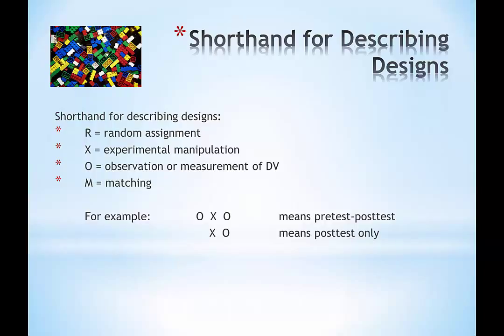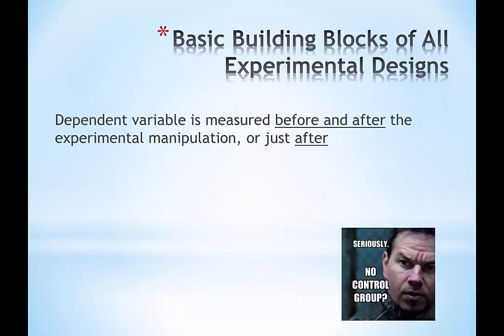And I do really think they're like Lego building blocks, and you're going to see how they go together in different permutations and combinations. As I mentioned at the outset, there are four basic building blocks to all experimental designs. And you can see here in the corner of the screen the Mark Wahlberg research meme that I've been mentioning to you about. And here's one that cleverly includes a control group reference. So one of the four basic building blocks is right here.